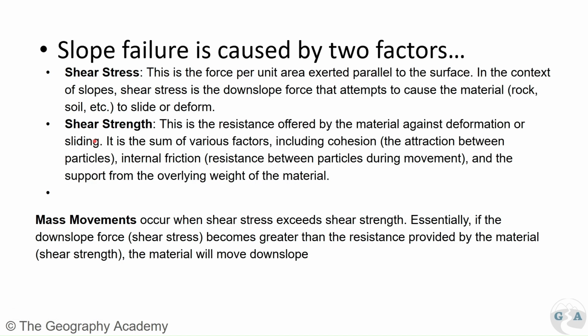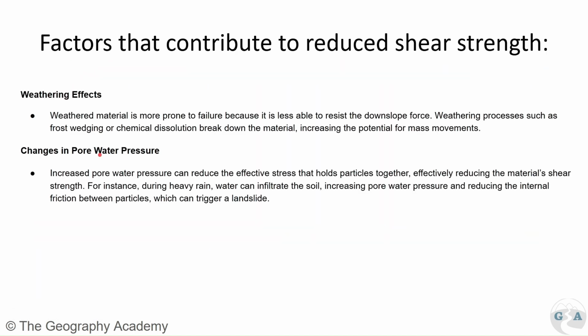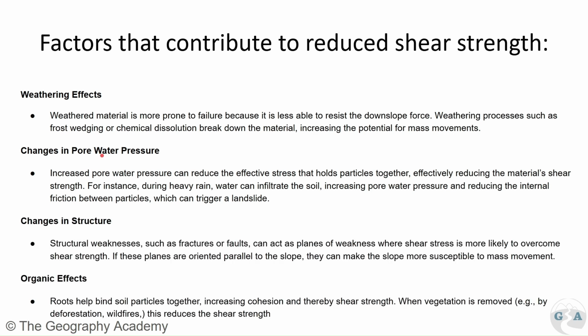So either can change. Then the factors that contribute to this, the reduction of shear strength, is going to be the weathering effects, so chemical, physical, and mechanical weathering. Pore pressure then, with water introduced into the pores and a change in the structure, weaknesses or abundance of water changing the actual structure of it.